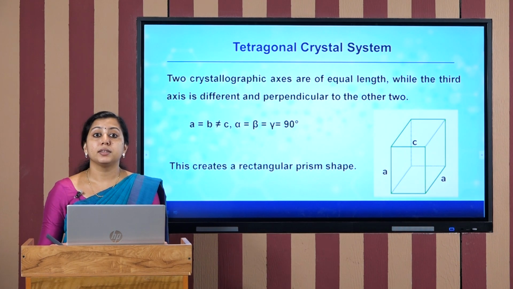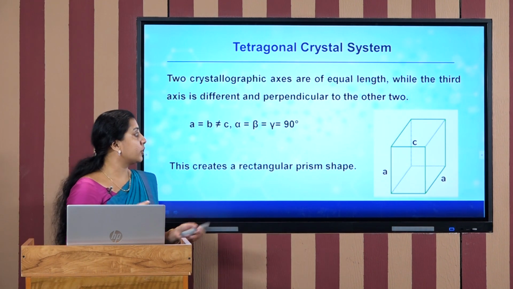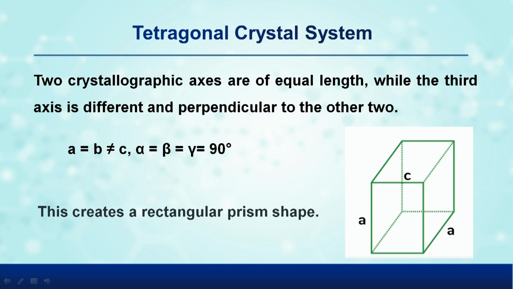The next one is the tetragonal crystal system. In the tetragonal system, as you can see in this figure, 2 crystallographic axes are of equal length, while the third axis is different, and also it is perpendicular to the other 2.